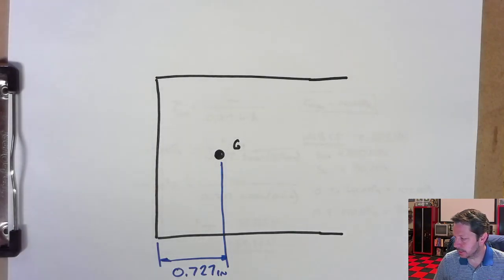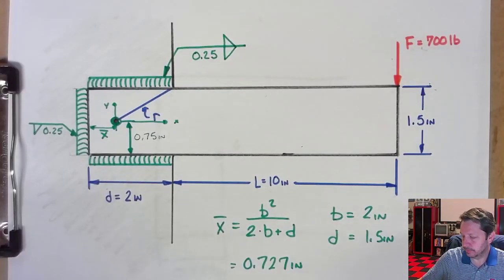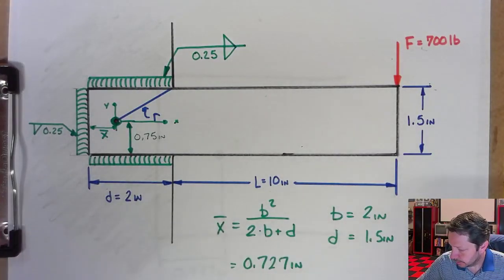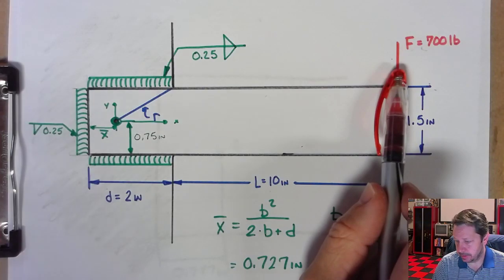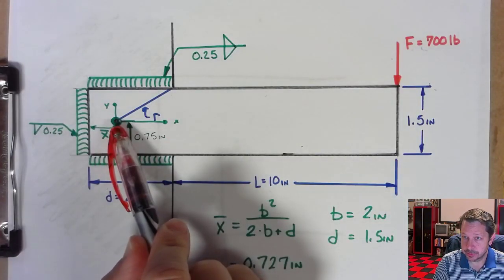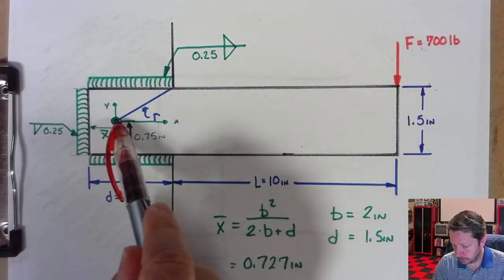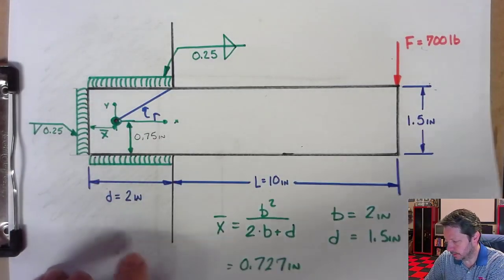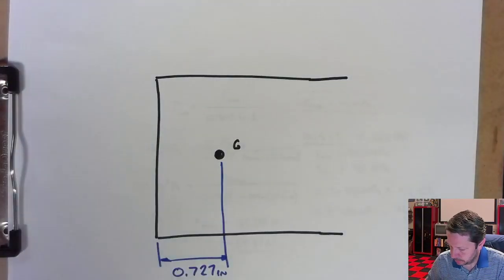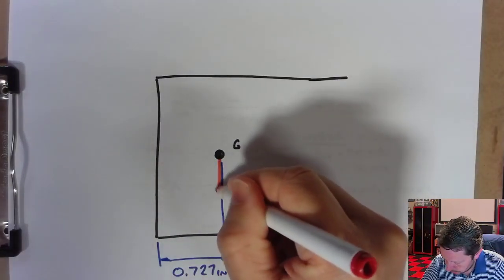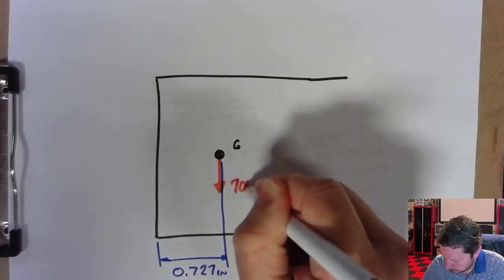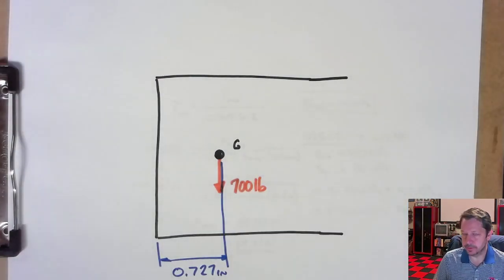Now we have to do a similar thing that we did last time with the bolts. Well, two times ago, whenever we did the bolts, where we need this 700 pounds applied at the centroid of our weld group. So to do that, we're just going to take 700 and move it over here. So that's the direct shear, the primary shear.